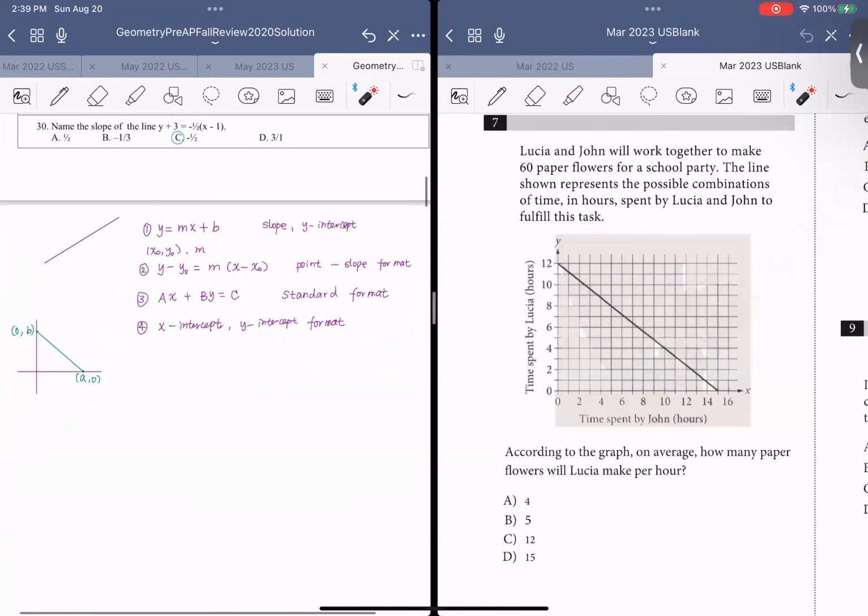Anybody figure out what this number is for? What's the equation if you have the point a, 0 and the point 0, b?